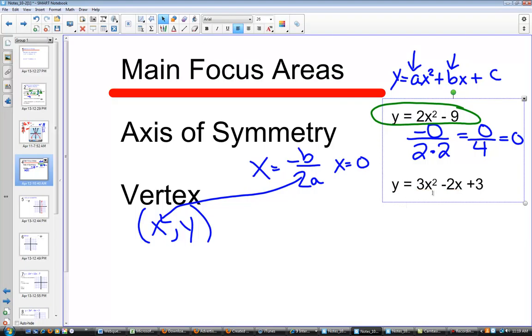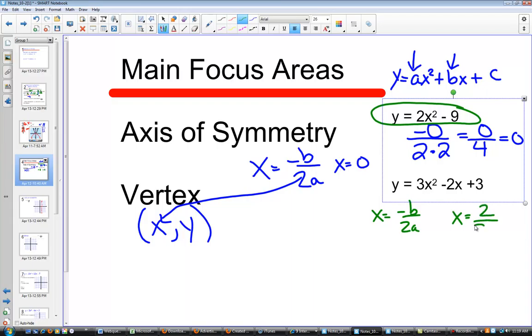Okay, so then we take our equation for the axis of symmetry, x equals negative b over 2a. b is negative 2, so the opposite of b will be 2. x equals 2 over 2 times a, which is 3. So it's going to be x equals 2/6, which is 1/3.